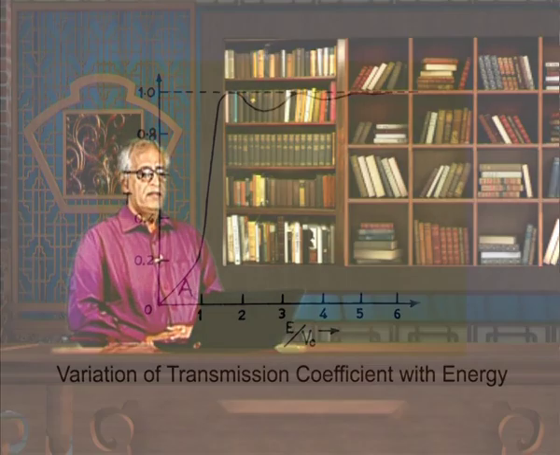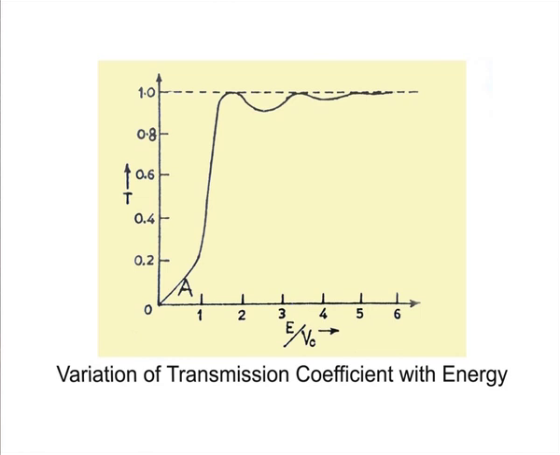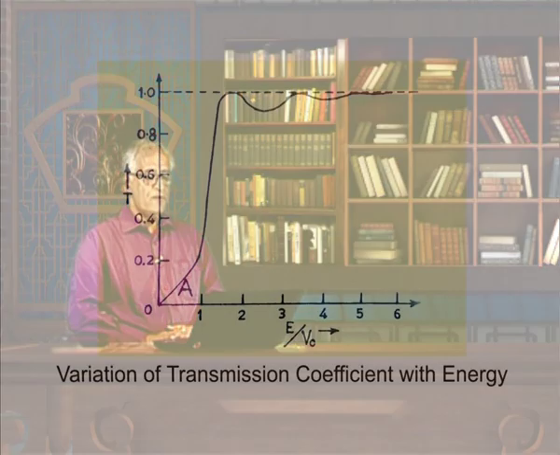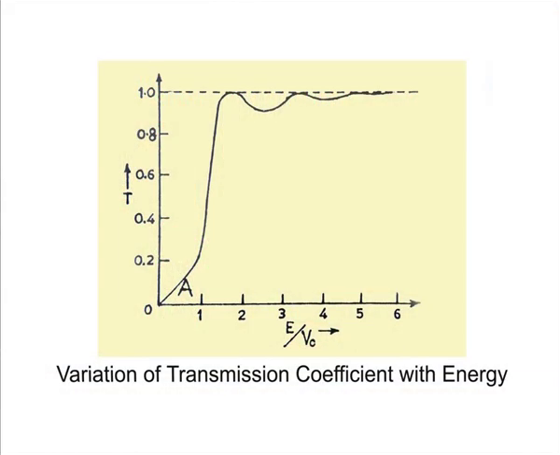What you see here is the variation of transmission coefficient with energy, and you note that when E is less than V0, T is not equal to 0, contrary to classical physics, and when E is more than V0, T is not always equal to 1, again contrary to classical physics. Only thing is that for some values of E, T is equal to 1, as you see on the slide.